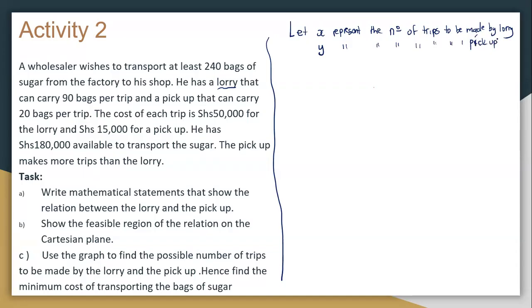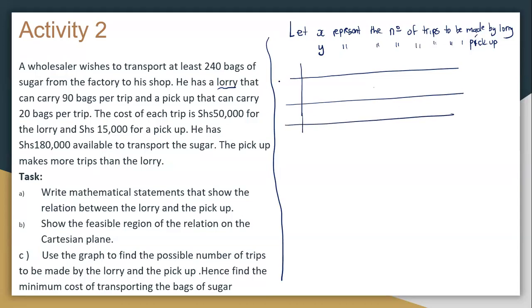Now, after doing so, it's always a good practice to first have your simple table summarized. In your table, we have two things: a lorry and a pickup. You read through, they told you that these are going to be carrying bags. So here, I can say bags. Our lorry can carry 90, and the other one can carry 20.